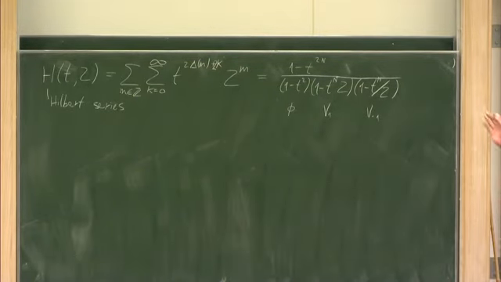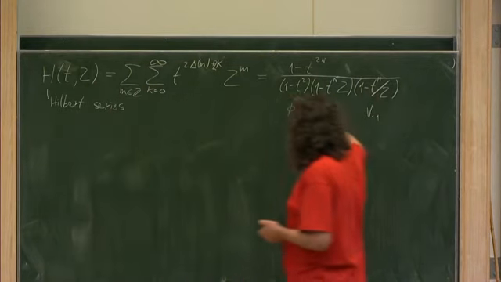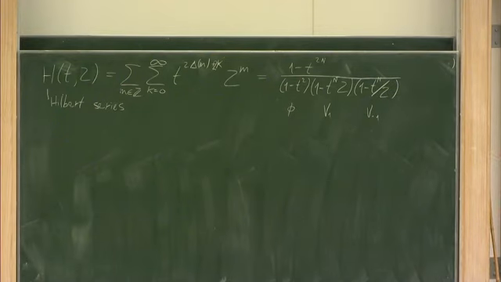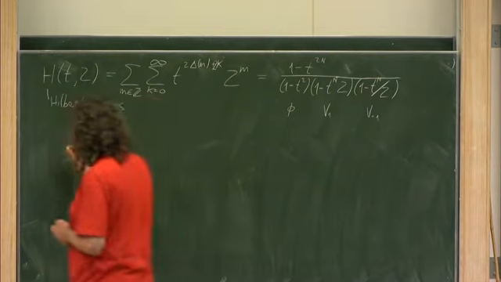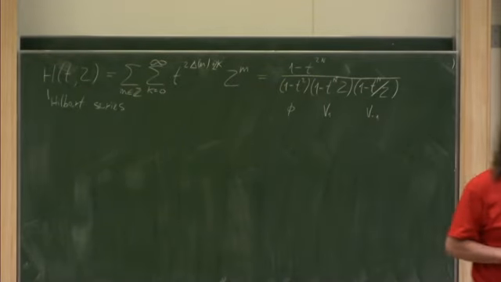Right? So I'm just recovering this relation in the form of this Hilbert series. Okay. Now, any questions for this construction for the case of U1 with n flavors?